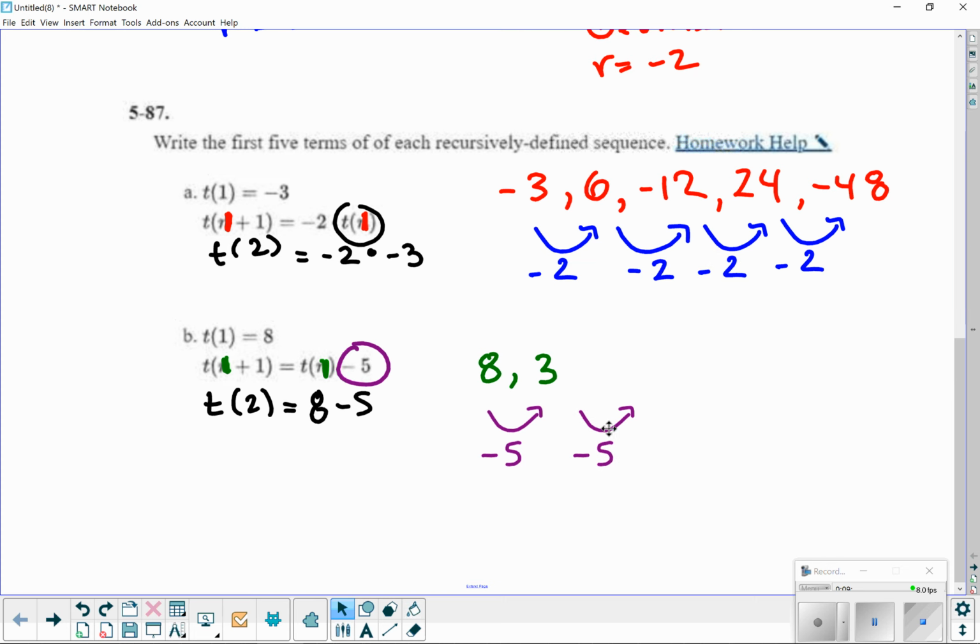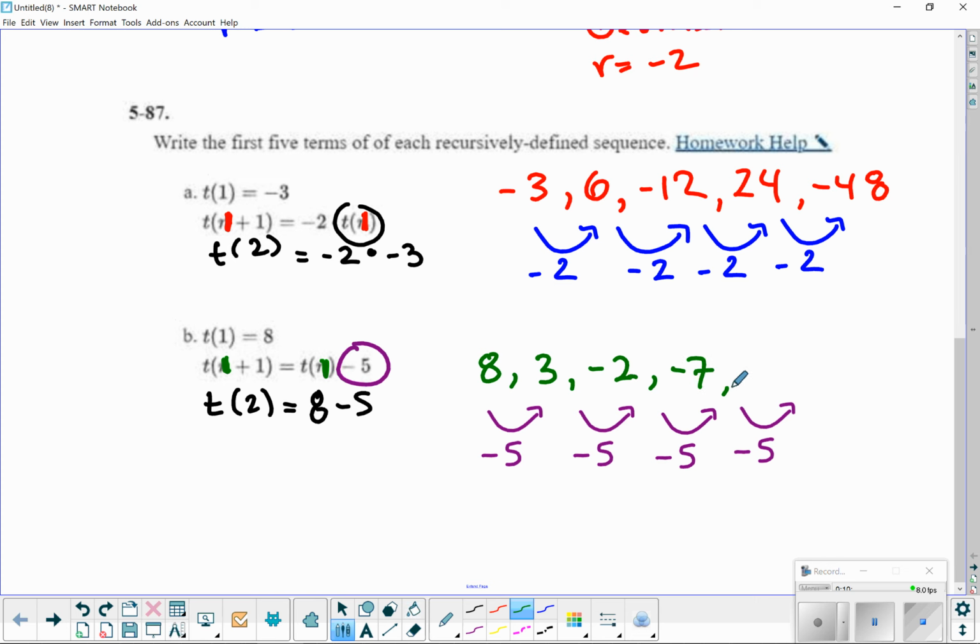So I'll subtract 5, subtract 5, subtract 5. So my next term, 3 minus 5 is negative 2. Negative 2 minus 5 will give you negative 7. And negative 7 minus 5 will give you negative 12. Okay? All right, hope that helps.